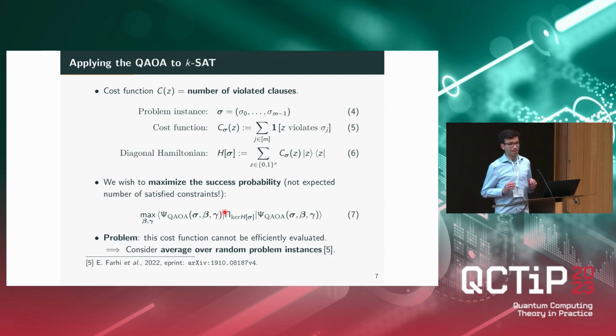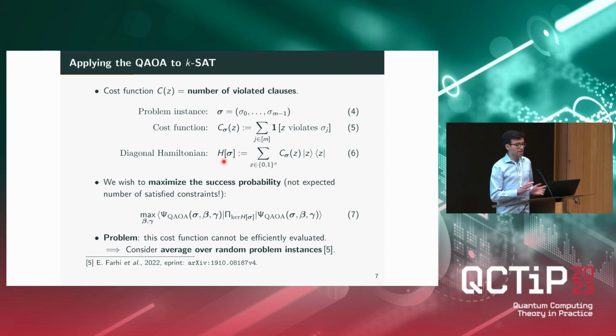More specifically, how do you apply QAOA to KSAT, at least in the context of this work? Well, the cost function we choose to input in the diagonal classical Hamiltonian is the number of violated clauses, which you'd ideally want to minimize if you want all clauses to be satisfied, right? So that's our cost function, and it goes in the diagonal Hamiltonian.